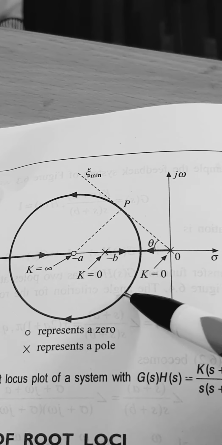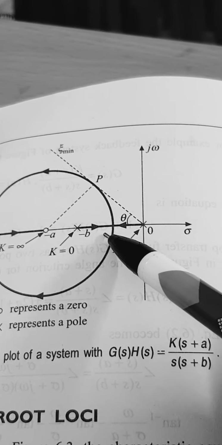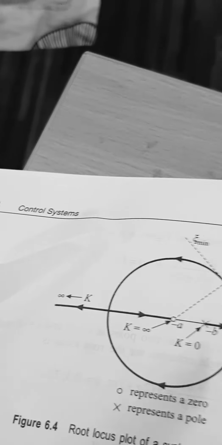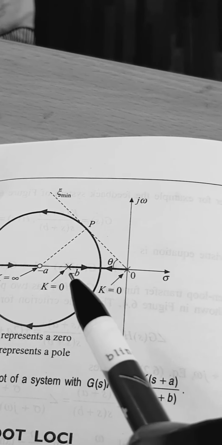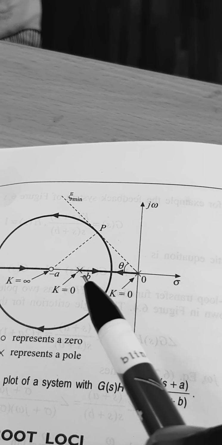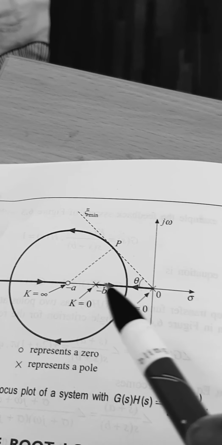Another important thing is that, as per our rules, we are not doing this systematically, we are following the rules in this problem, but in the next problem we will see that. You can see that normally the root locus starts at poles and ends at zeros. Now you are having two poles.